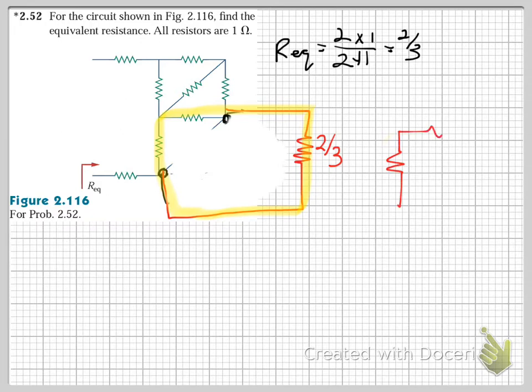We've got 1 there, 1 there, and 1 there. Then to make a Y, we get 1 here, 1 there, and 1 there. Will that help us in any way? Yes, it will, because this resistor will now be in series with that resistor. Okay, it looks like a good idea.